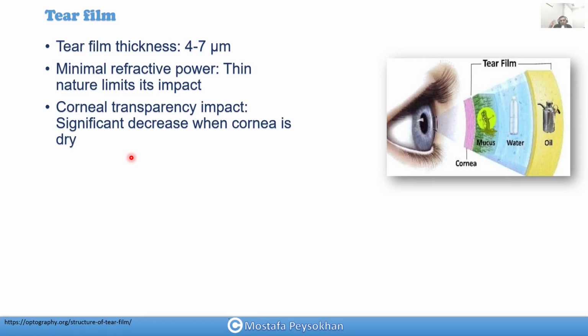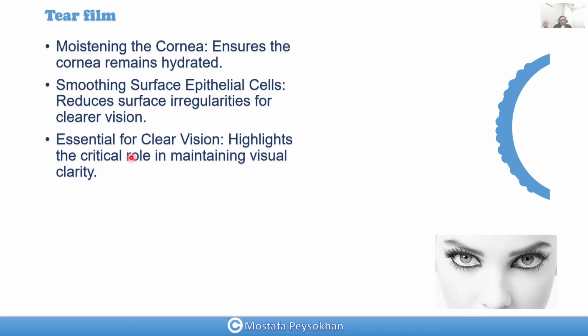So that's the reason I said the tear film is a very important optical element of our eye. It moistens the cornea, it decreases the friction between the eyelid and the cornea, it smooths the surface epithelial cells, and it reduces surface irregularities. Just to simplify, as you can see, the cell surfaces are not very flat.